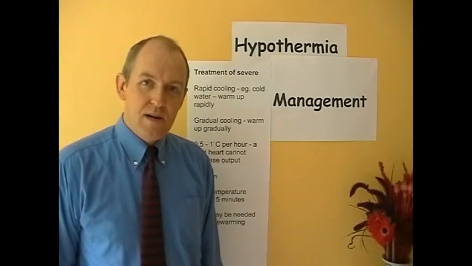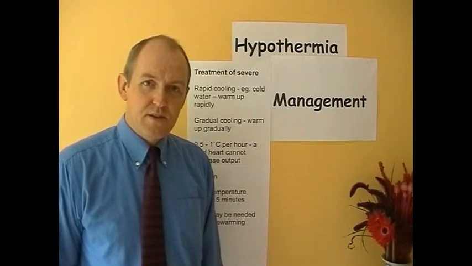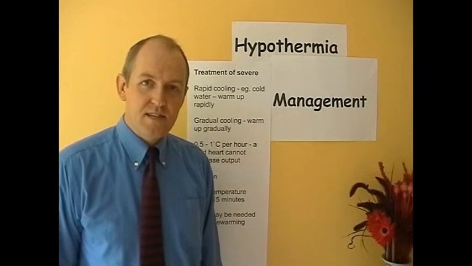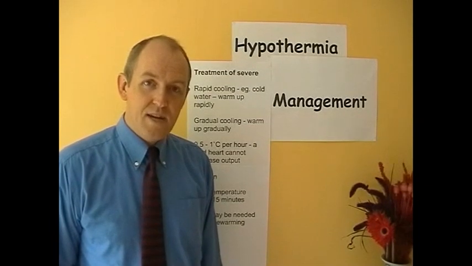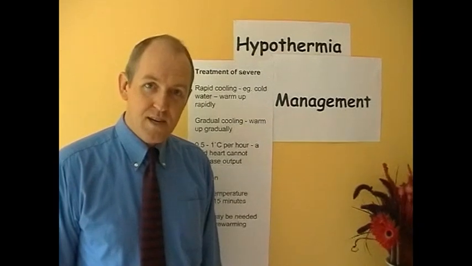Now, we've talked a fair bit about treatment, but I just want to say a couple of things about treatment of more severe cases when there's a profound hypothermia. We've been through the principle that patients who cool down slowly should be warmed up more slowly, and patients who cool down quickly can be warmed up more quickly.